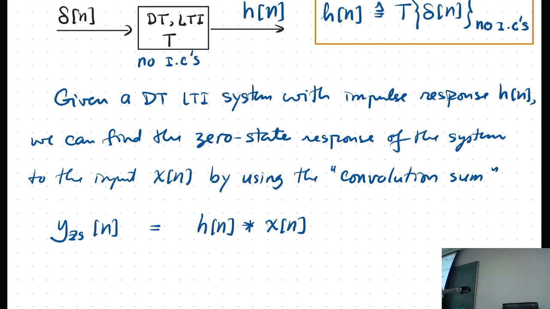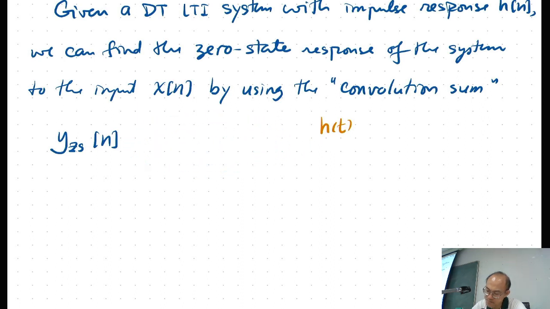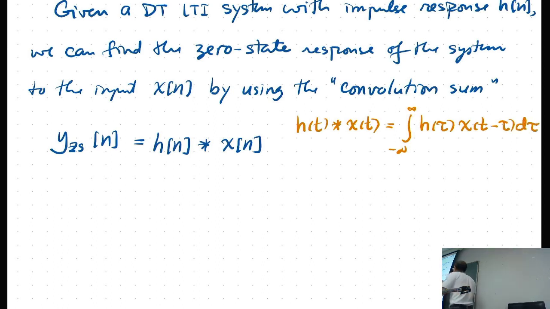Now, if you recall from chapter 2, when I perform the convolution integral between h of t and x of t, the way we do it is we integrate h of tau times x of t minus tau with respect to tau. This is the way we perform convolution integral.